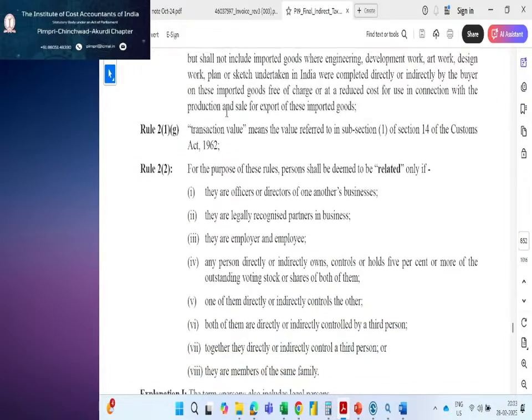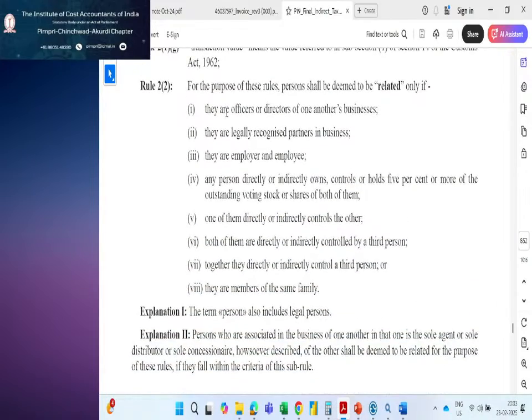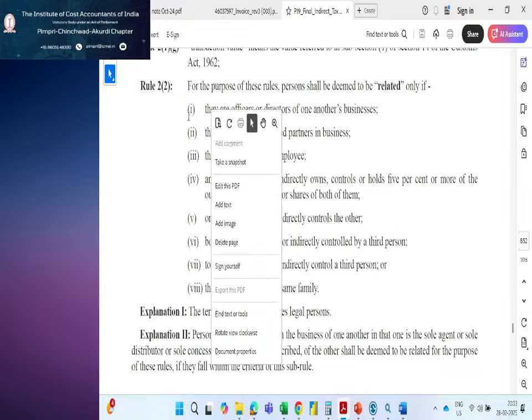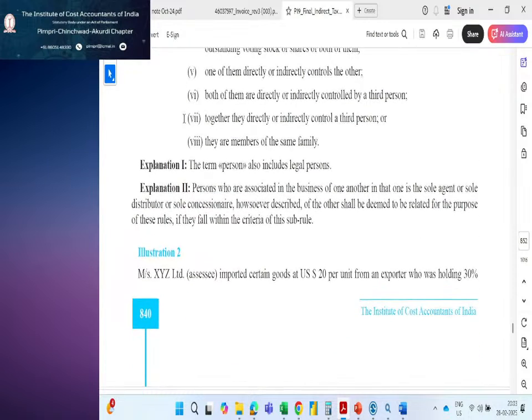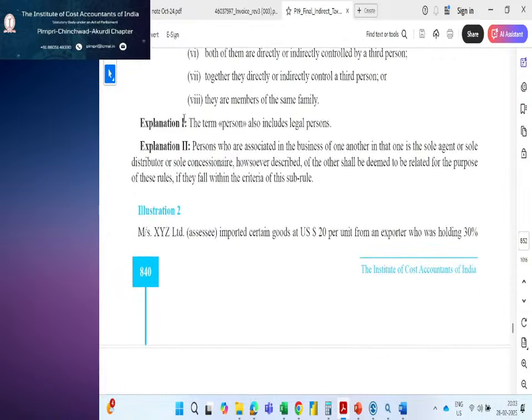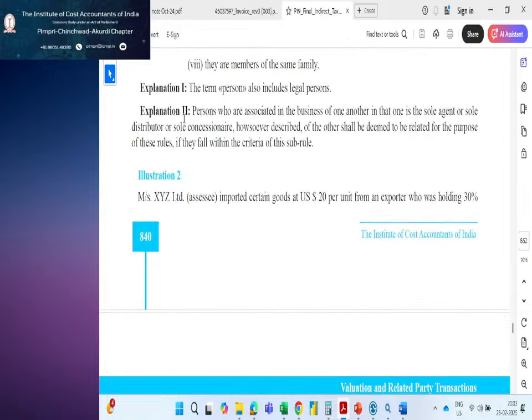Then again we have transaction value. So the very important topic again here is the related. Related means legally recognized employer and employee, directly or indirectly owning or controlling, both of them directly or indirectly controlled by a third person, members of the same family.